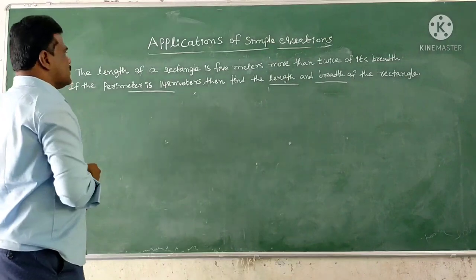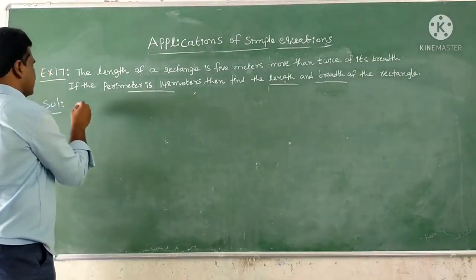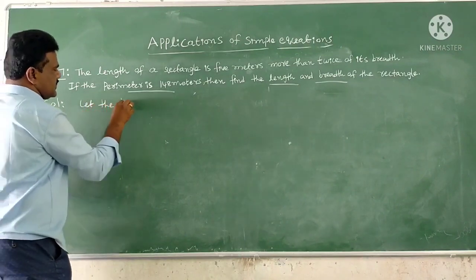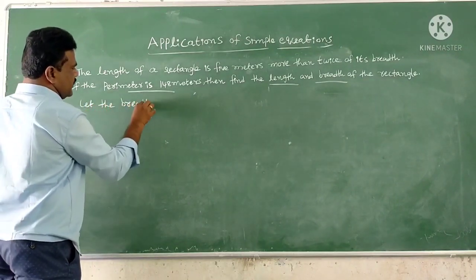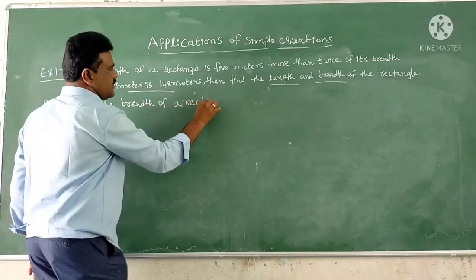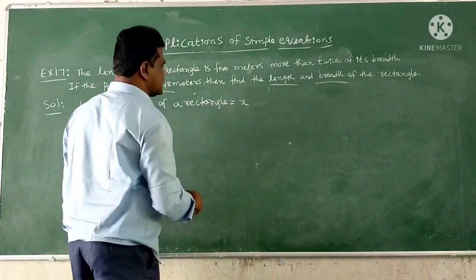First, the unknown quantity. Let the breadth of the rectangle be x meters.